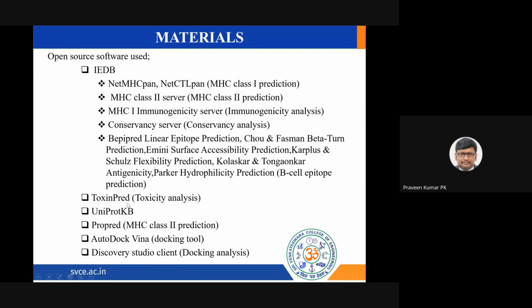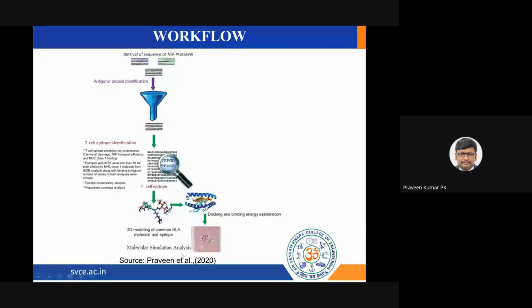For toxin prediction, we can use the toxicity analysis tool. For getting detailed annotation of a protein, you can get it from UniProt. AutoDock Vina is used for docking purposes, and Discovery Studio for docking analysis. If a peptide is docked with a protein, this analysis can be done using the Discovery Studio Visualizer.